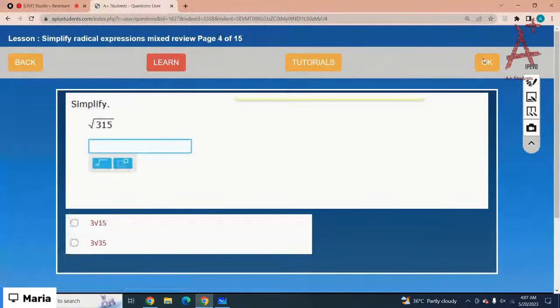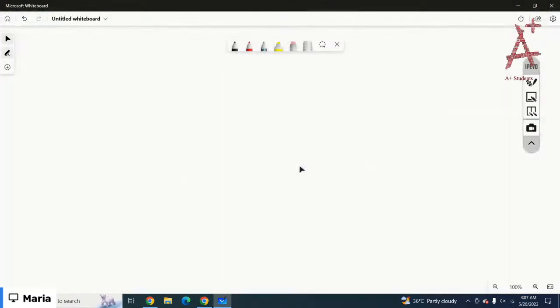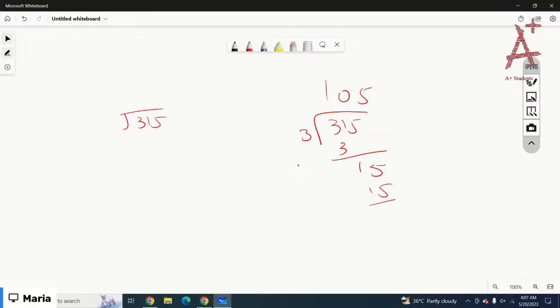Okay, the next one is square root 315. So which is the correct option? Okay, let's just factor out square root 315. Just divide it by 5. 3 times 1 is 3. You cannot divide 1. Add 0 and bring 5 down. 3 times 5 makes 15. So again divide 105 by 3. 3 times 3 is 9 and 3 times 5 is 15.